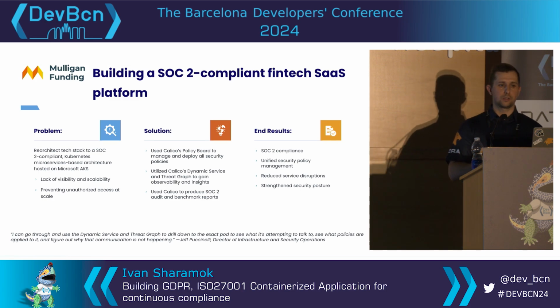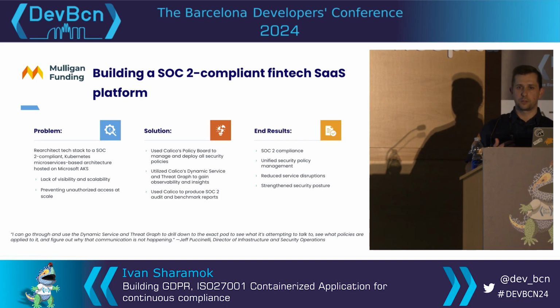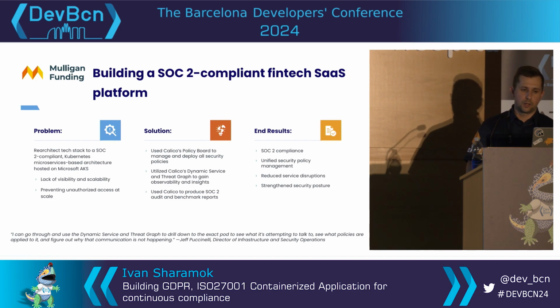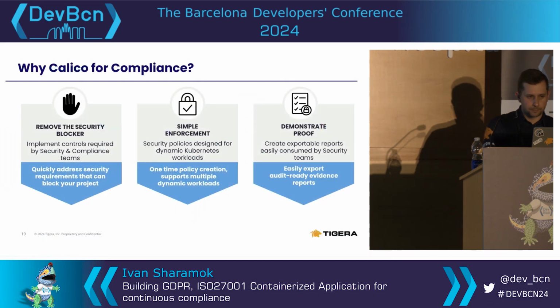So they used us to build their platform and to prove SOC 2 compliance. We have a case study on this, Mulligan Funding. That's the company who built it with us. They've used our product to achieve that compliance, and you can go take a look at what they used specifically, what they called out from the product that helped them to achieve that.